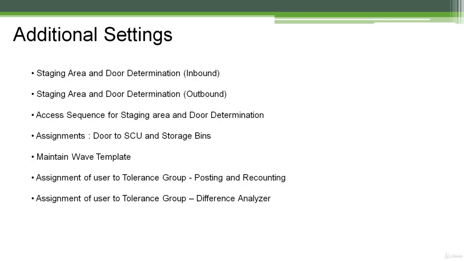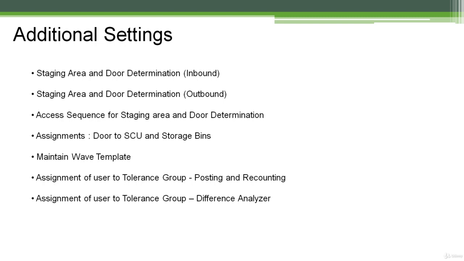Additional settings. Apart from these master data, we have to also carry out some additional settings for our new warehouse. Again, these settings are required for testing the best practices and model company processes in EWM. So if you're copying the SAP template warehouse and you want to execute the similar process for your own warehouse, you have to do these additional settings for your warehouse.